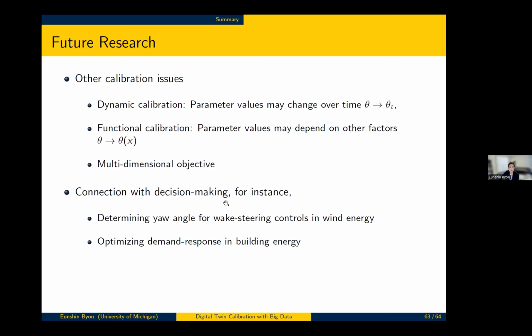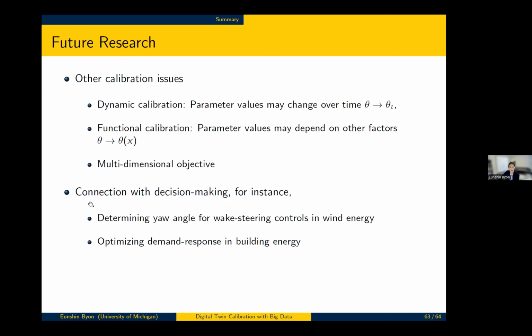And in the future, we want to extend our approach to handle other calibration issues, including dynamic calibration, when the parameter values change over time, and functional calibration, when parameter values depend on other input vectors, and also the multi-dimensional objective case. And in the end, once we calibrate the parameters in the digital twin, we want to use digital twins to optimize our decisions, right?